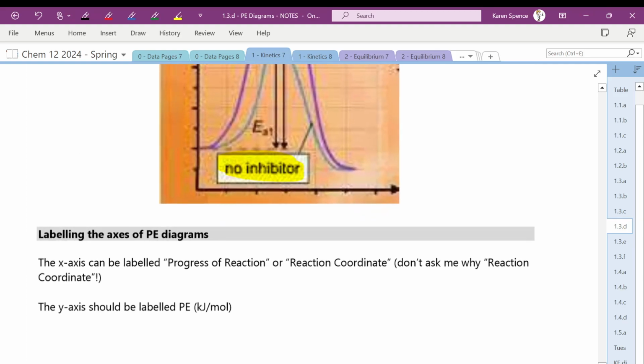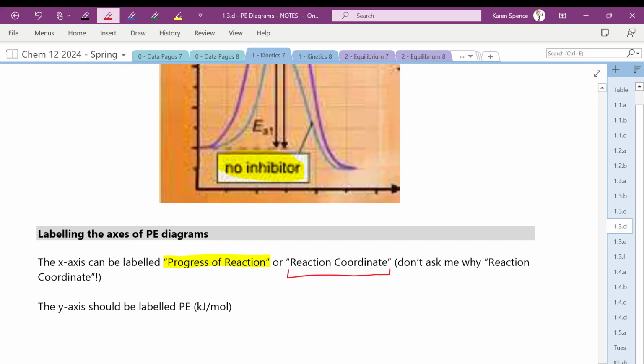You can label the axis. The x-axis is progressive reaction; you'll see this sometimes written as reaction coordinate. I wouldn't expect you to write it, but just know that that's what it means.